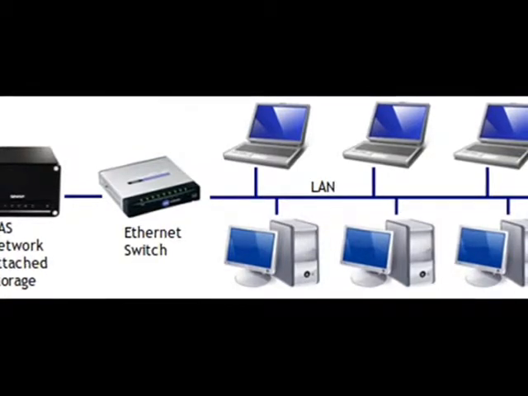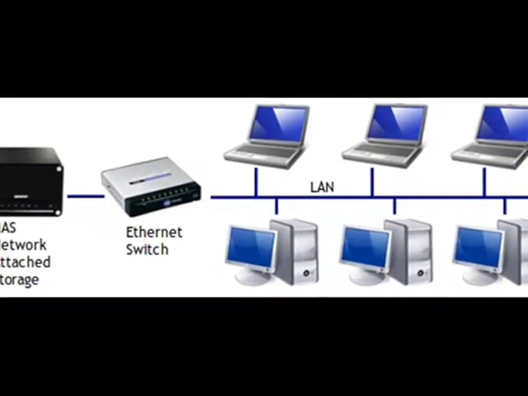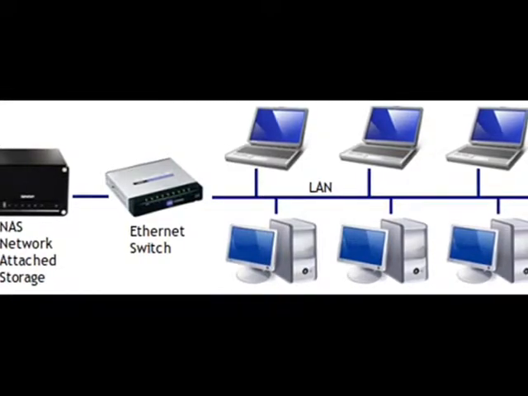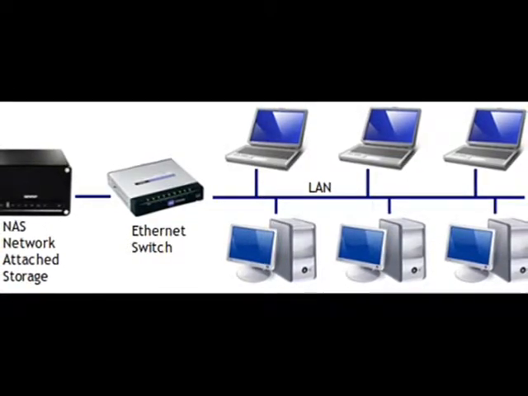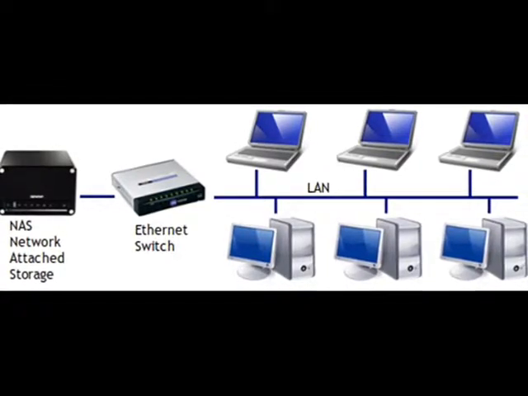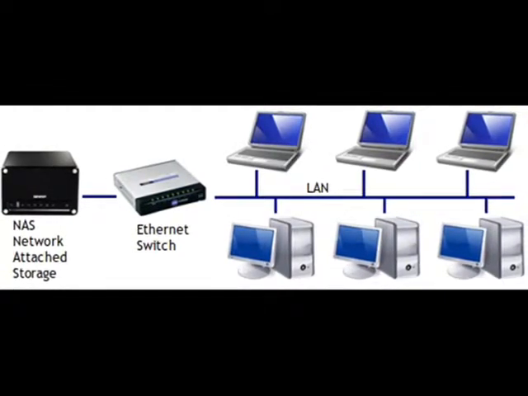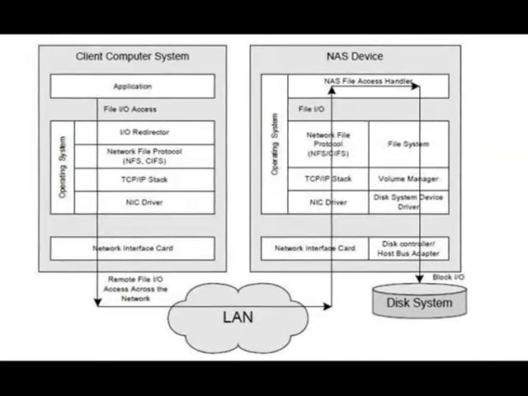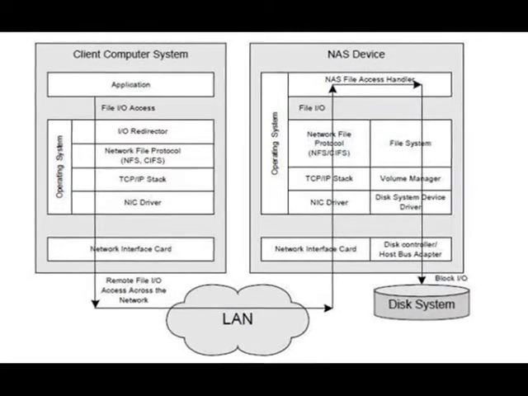The benefit that comes with NAS is the ease of use. Setting up a NAS system involves connecting the NAS storage system to the enterprise LAN, for example Ethernet, and configuring the OS on the workstations and servers to access the NAS filer.